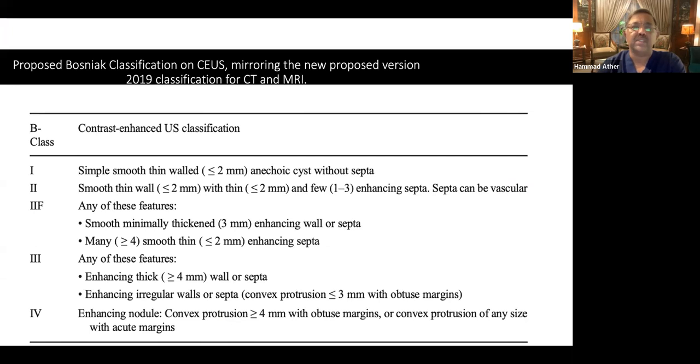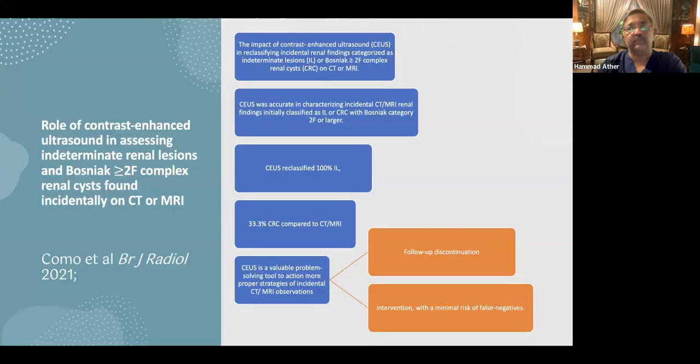But here you can see that they are quite clearly defined objective parameters, like the thickening of the septa, the size which you can measure, how many septa you have, and based upon all this and the enhancement pattern, you can actually categorize these lesions into Bosniak 1 to 4 lesions, and definitely this is quite helpful.